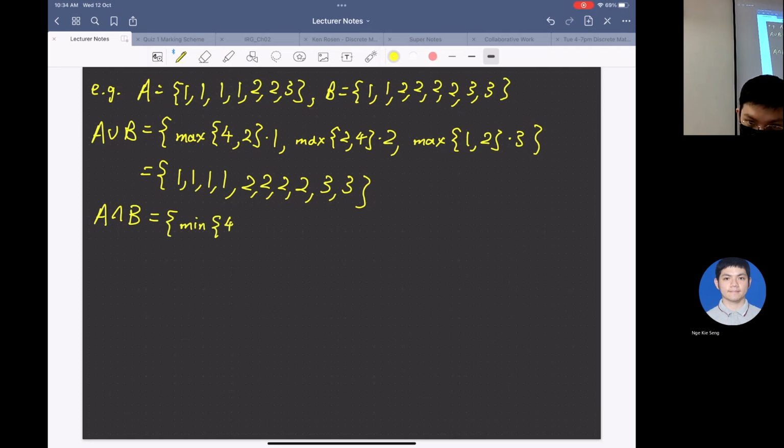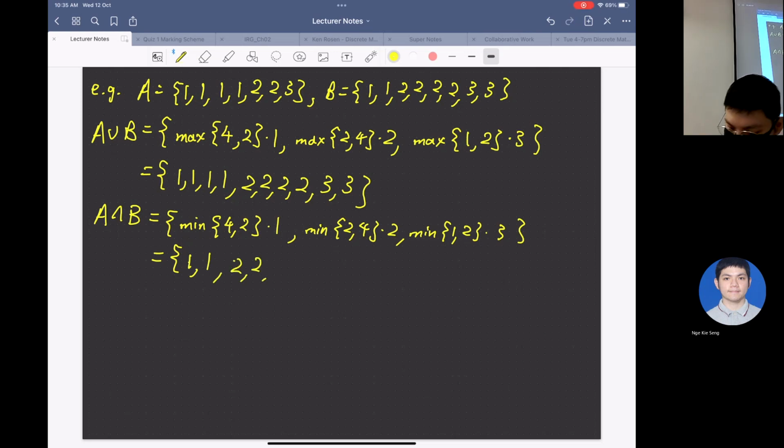You take the minimum of this number. So minimum of 2, 4 is 2. Minimum of 4, 2 is 2. Minimum of 1, 2 is 1. Okay, this is the intersection.